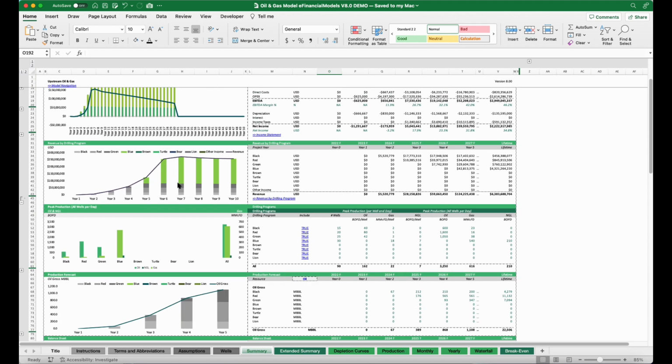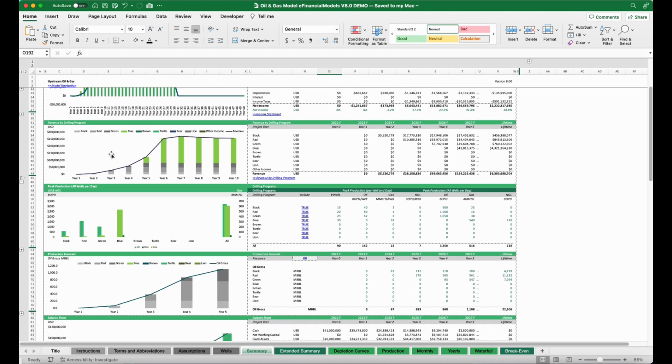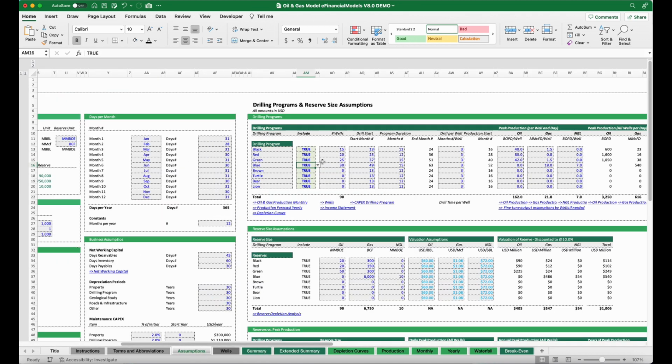And we can also understand here which of the drilling programs will contribute how much to the revenues of the project, so we can see which ones are most important. If you would like to exclude a drilling program, for instance, this one is the biggest, so let's exclude this big gas wells here.